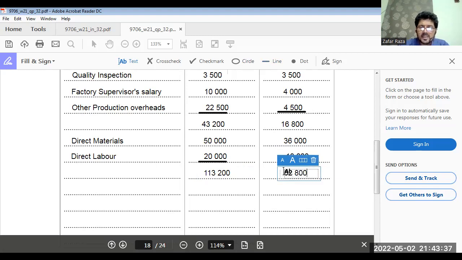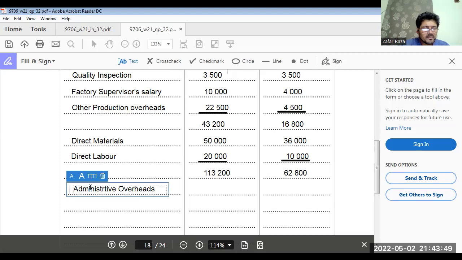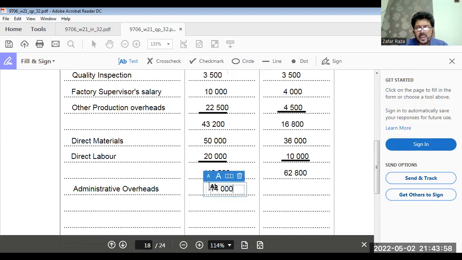Now, administrative overheads. That was taken equally, 14,000. Last time we took it equally.